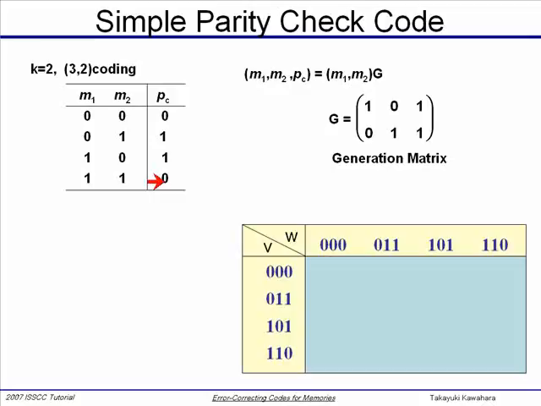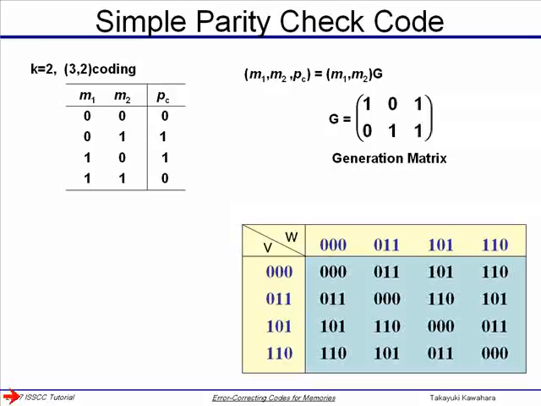I write every word as V, and here I write every word as W. Then we have a table to sum up every element. That's the result, and we find easily that every sum is a word of this code. Okay, this is a linear code.